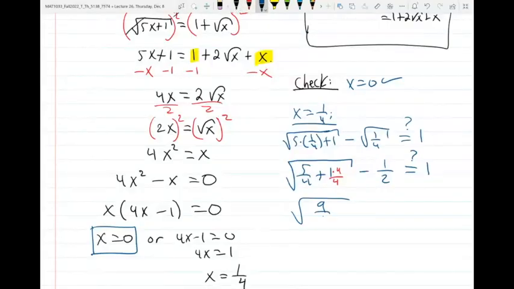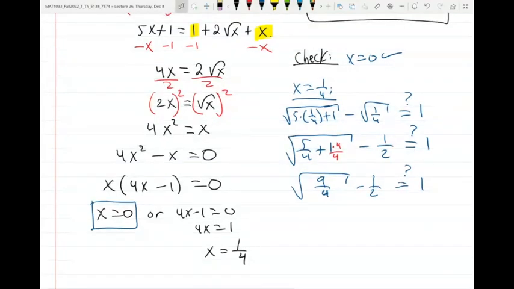So we get the square root of 9 over 4 minus 1/2. What's the square root of 9 over 4? So 3/2, right? So 3 over 2. Okay, good. So we get 3 over 2 minus 1 over 2, and we are wondering, is this 1?